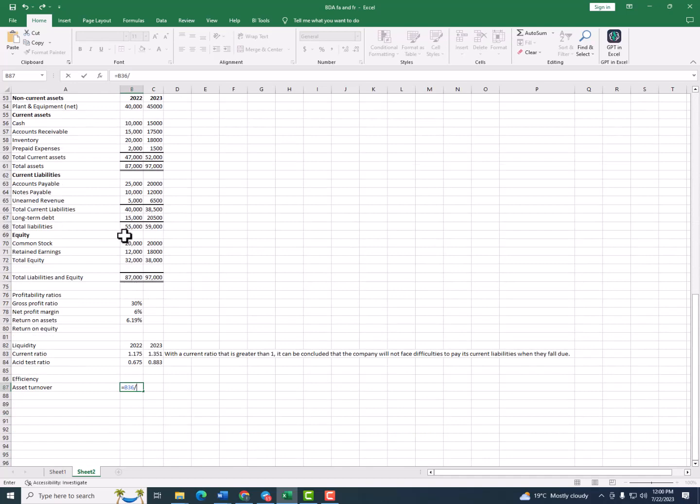And it's not just total assets, it's average total assets for 2022 and 2023. So we can write average, open brackets, total assets. Then you just highlight the two, which is B61 to C61, close brackets, hit enter. So the asset turnover is 1.087.